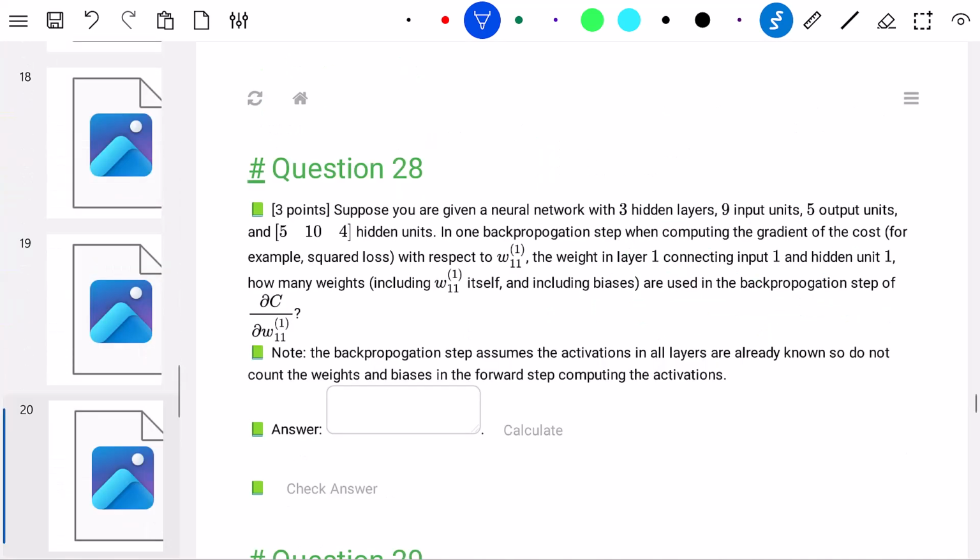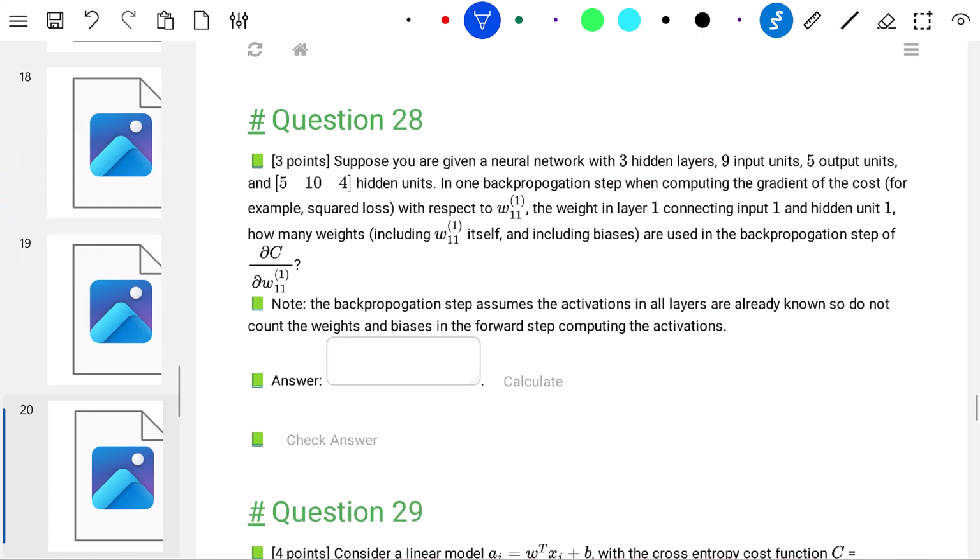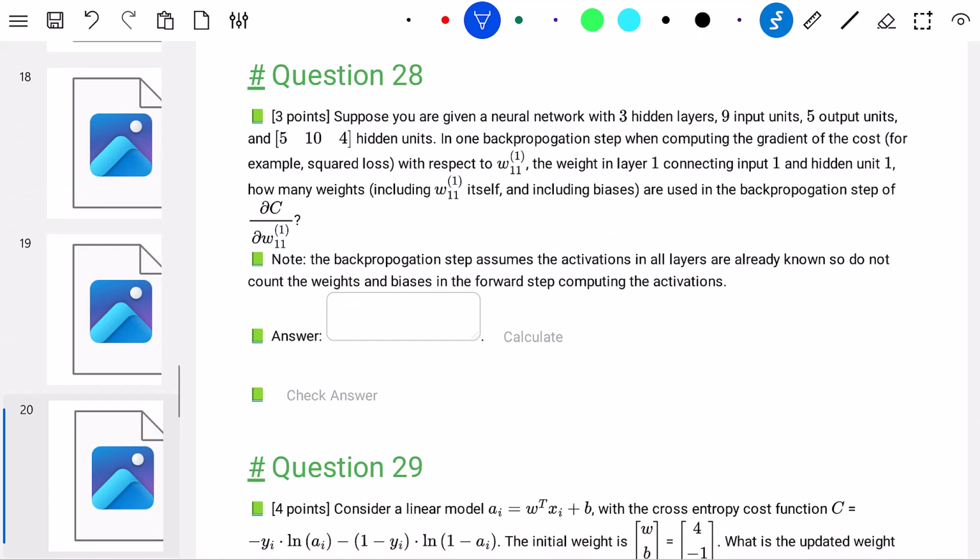Okay. So the next question I want to do is question 28, which is the backpropagation question. Let's first draw the neural network. There are 9 inputs, and then it is connected with 3 hidden layers.